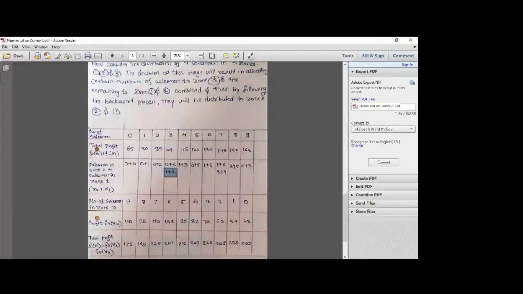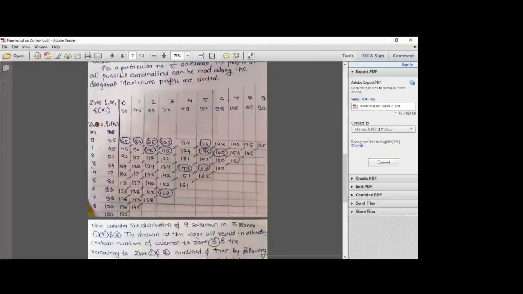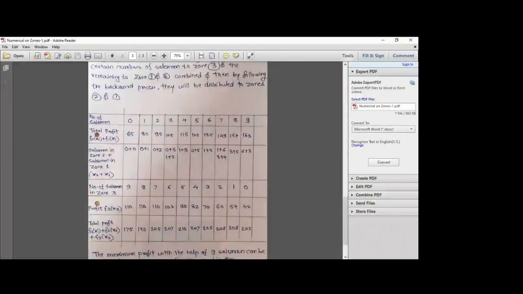So it was for 3 salesmen. Similarly, for 4 salesmen, the maximum value was 115, and this value came for 1 plus 3. So that 1 plus 3 I'm going to write here.